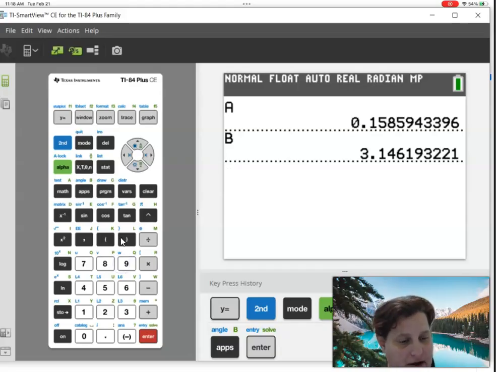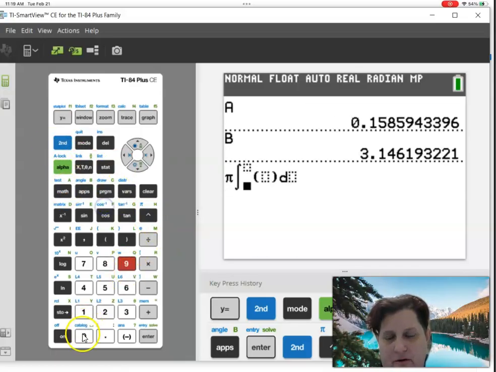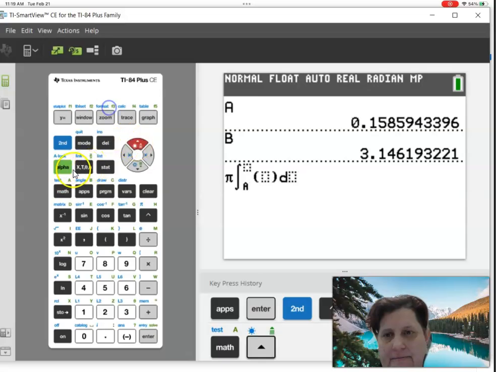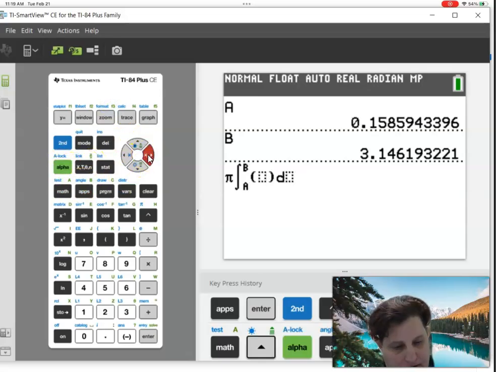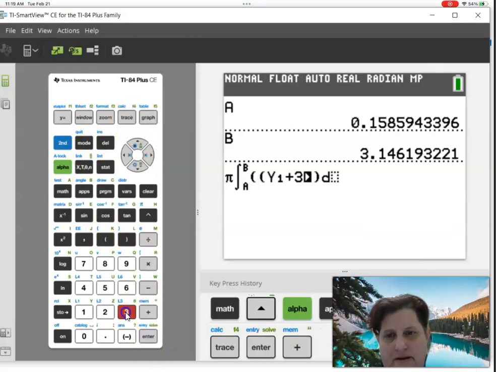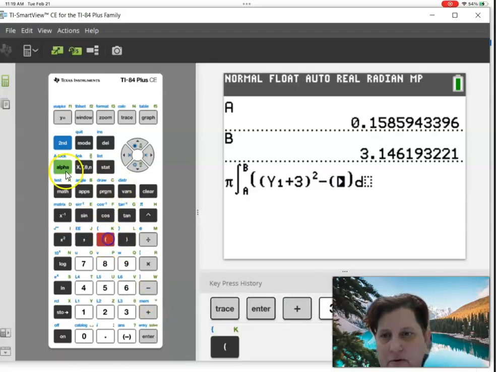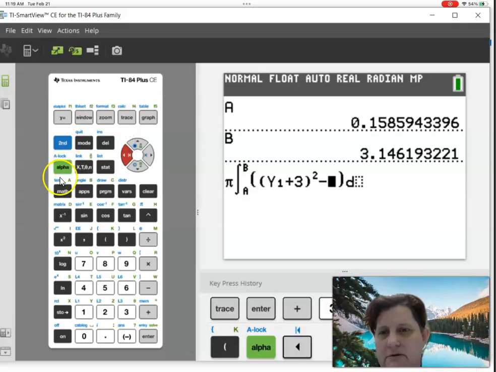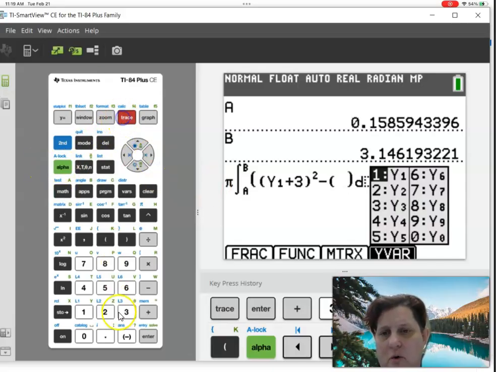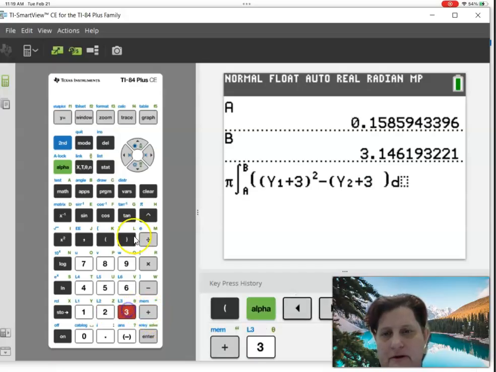Perfect. So to find the volume of the solid generated, it was pi integral from a to b, and now instead of retyping ln x, I can go (y1 plus 3) squared, and then minus the inner radius, (y2 plus 3) squared, and this is all as a dx.